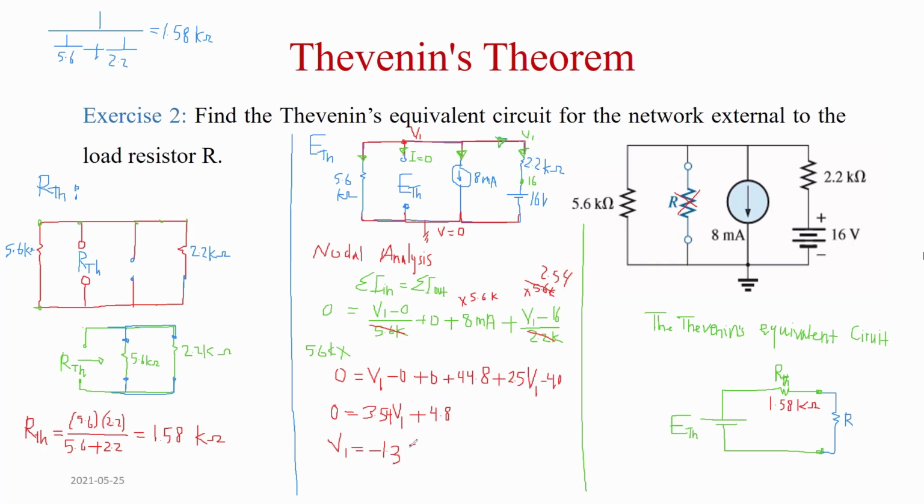1.35 maybe volt. I waited so much, but no one gave me any answer. Anyhow, so this is 1.35 minus. So instead of writing minus, what should we do? We change the polarity here, like this.